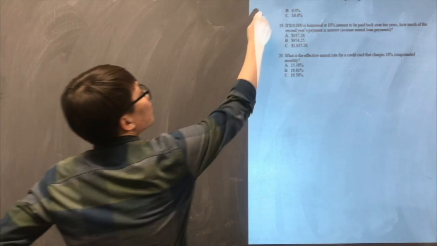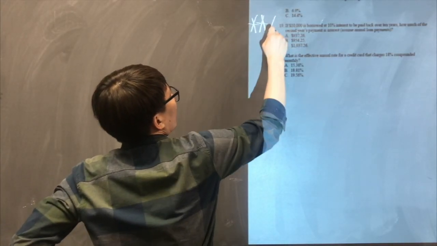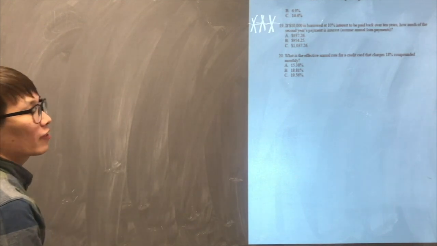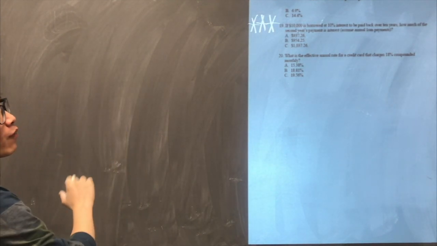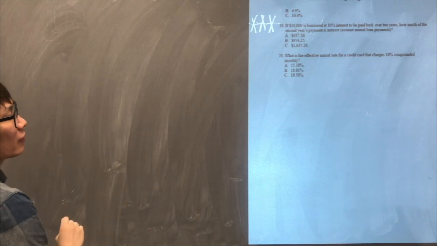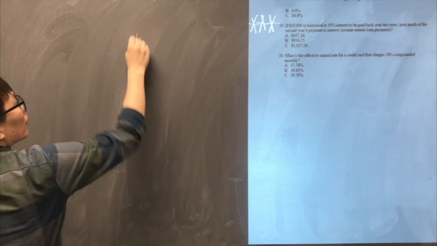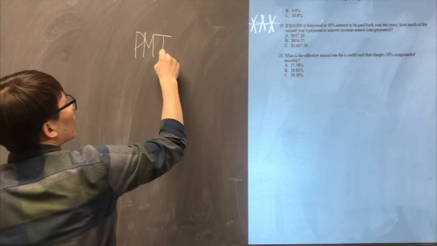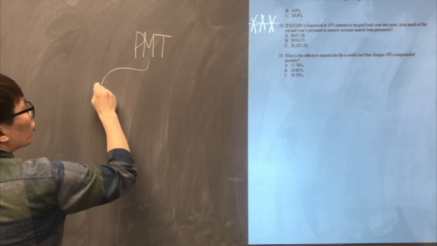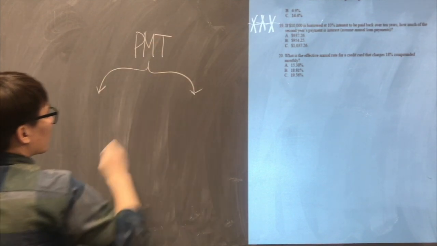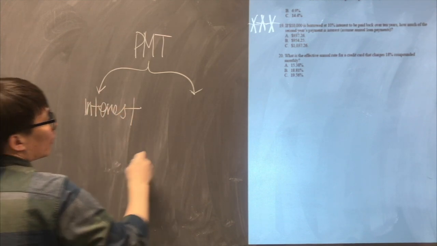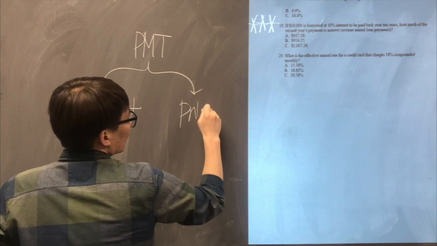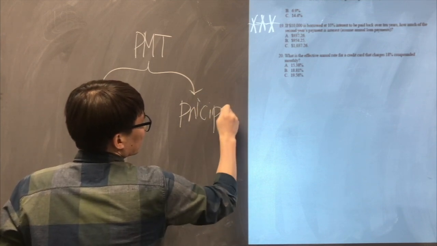Question 19. This is about loan amortization. Very important question. I will use Excel, but here I will give you one important concept. Once you figure out the payment, the payment consists of 2 parts. Interest amount, and then principal amount.